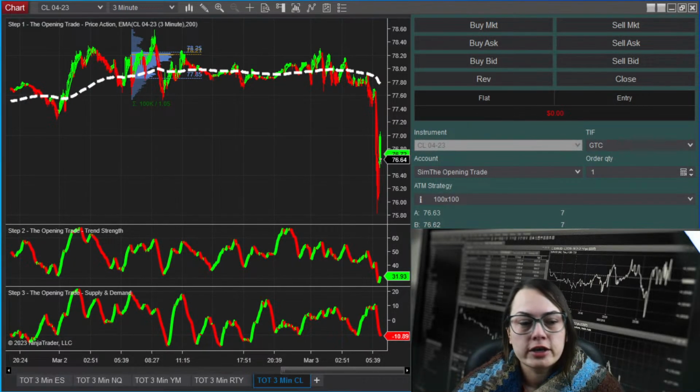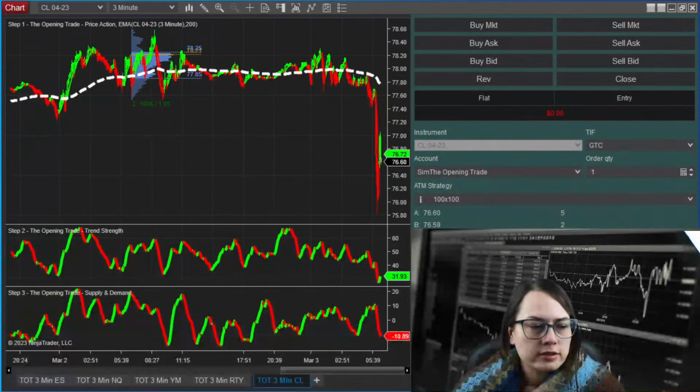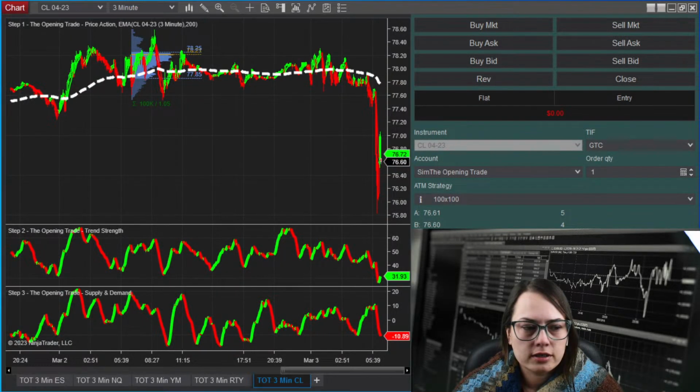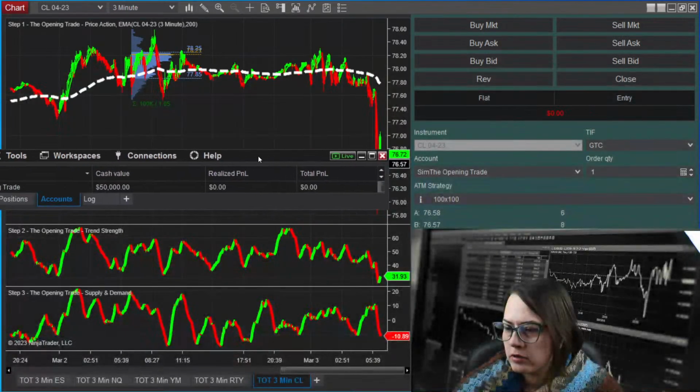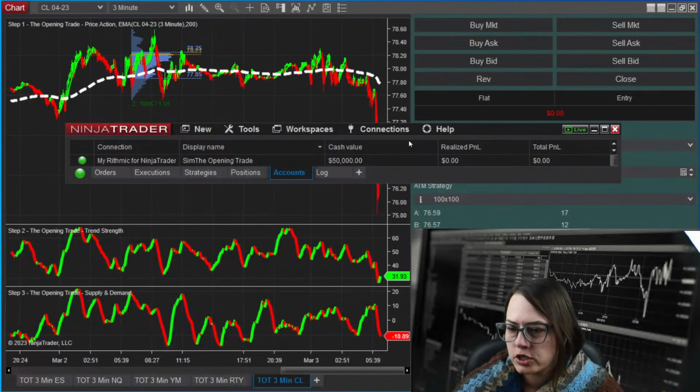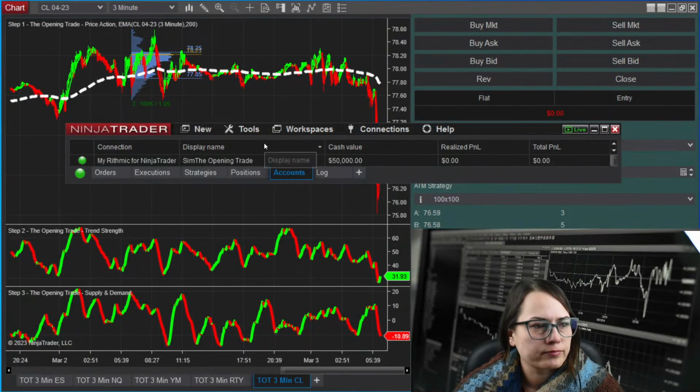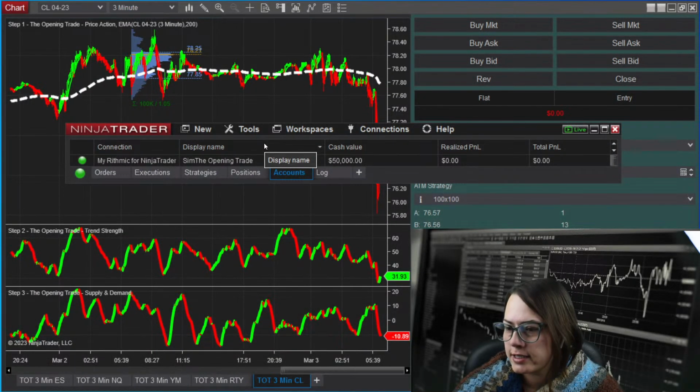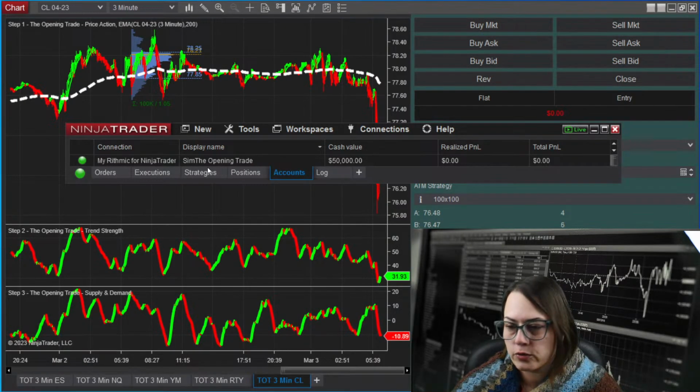All right, so this account balance is reflecting the new swing trading system. So we've reset the balance so that we can showcase these systems. All right, so here we are, simulated the opening trade.